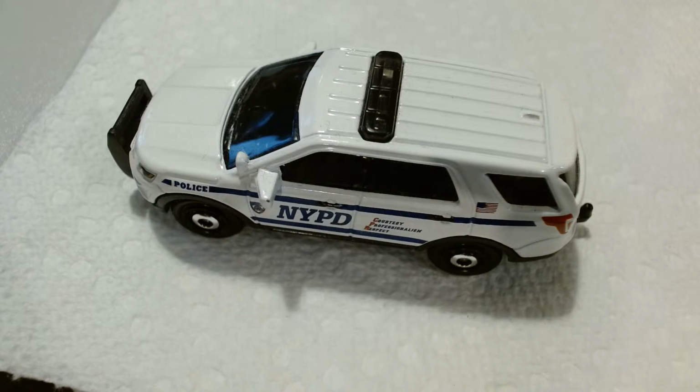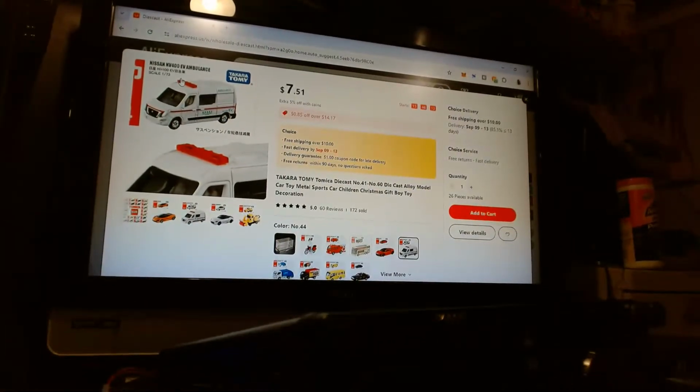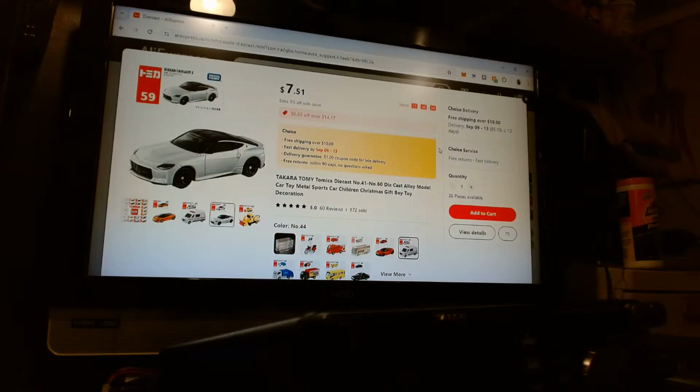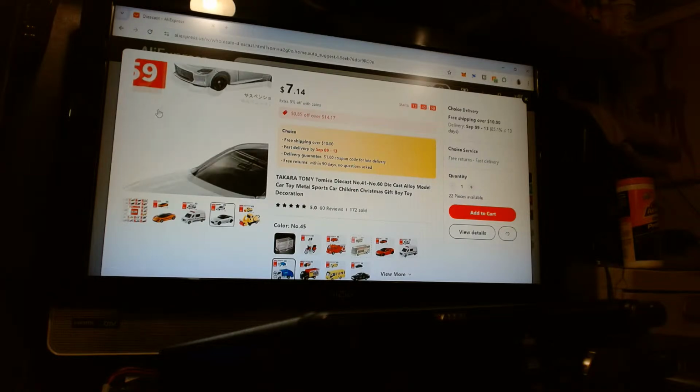So when you're shopping around for these type of things, you should know the scale. Okay. So let's go back up here and put it on the. There you go. And then you have like this refuse truck, the Toyota refuse truck.